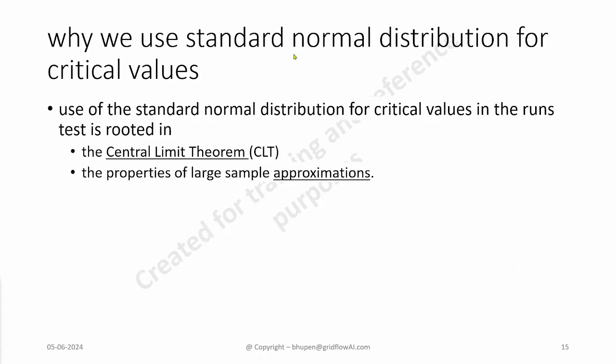Why do we use a standard normal distribution for critical values in this runs test? The use of the standard normal distribution comes from the central limit theorem. This suggests that for a large sample, the properties tend to approximate a normal distribution.